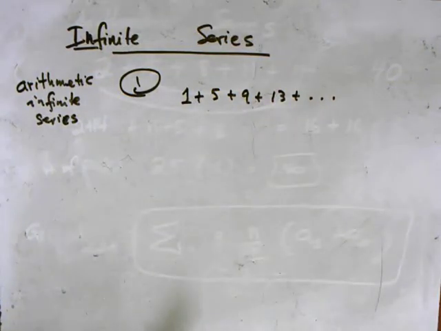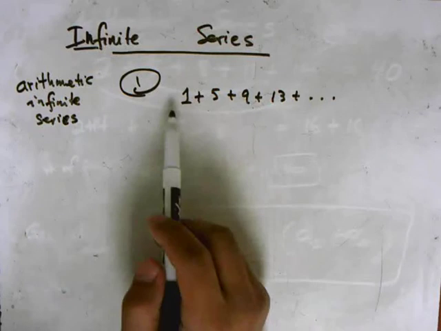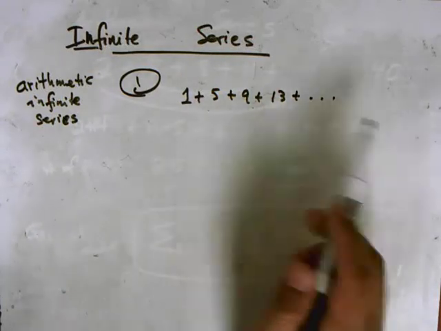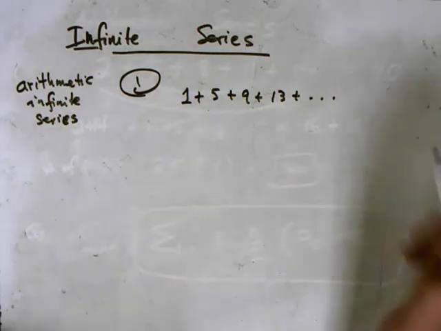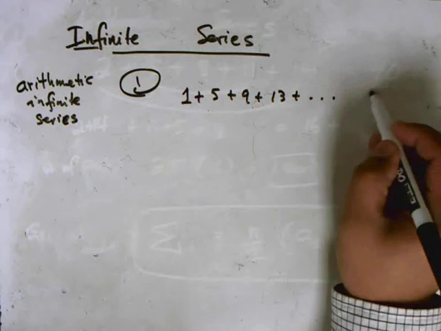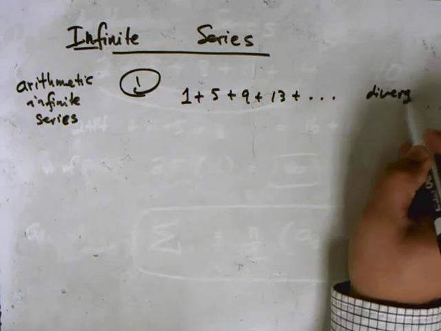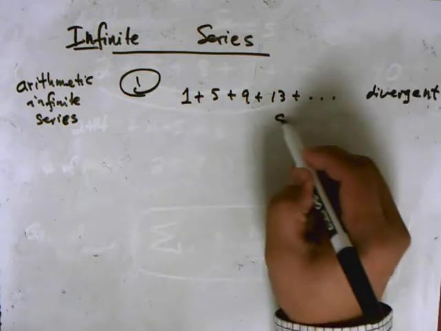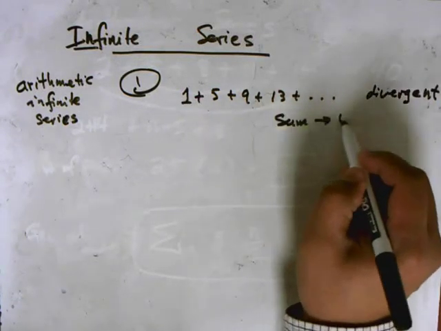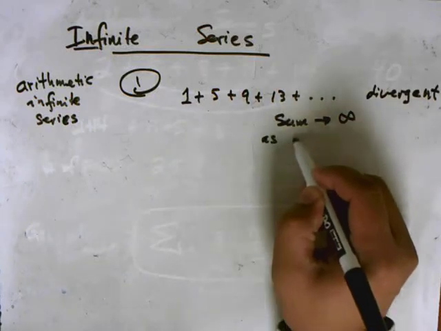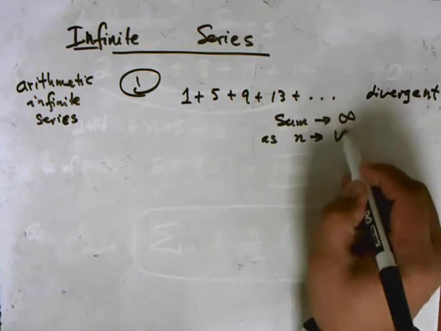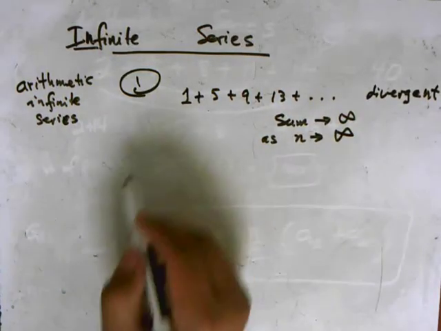So in other words, if you name a very big number, I can get this series to eventually reach that number, no matter how big it is. So this is divergent, because the sum approaches infinity as n, which is the number of terms, approaches infinity.